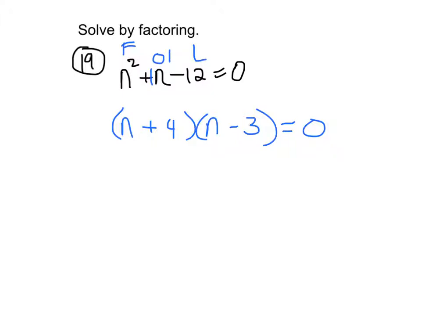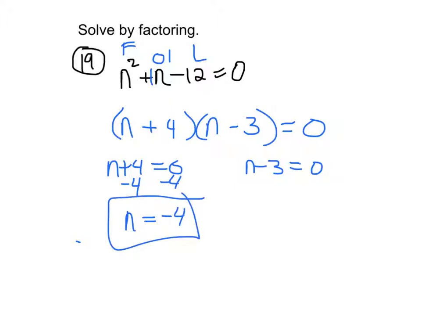Now that the problem's factored, we can set each parentheses equal to 0, so n plus 4 equals 0, and n minus 3 equals 0. Solving those, subtract 4, n equals negative 4. And add 3, so n equals 3, and we have our answers to our equation.